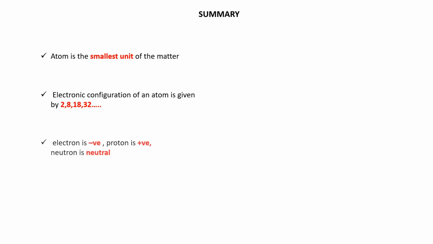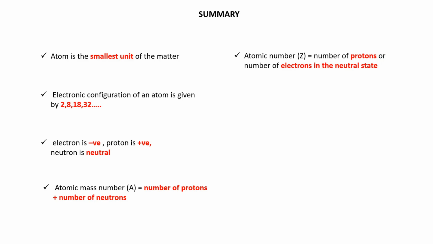The third point is that the electron is negative, the proton is positive and the neutron is neutral. The fourth point is that the atomic mass number, denoted by capital A, is nothing but the number of protons plus the number of neutrons. The fifth point says the atomic number, denoted by Z, is nothing but the number of protons or the number of electrons in the neutral state.